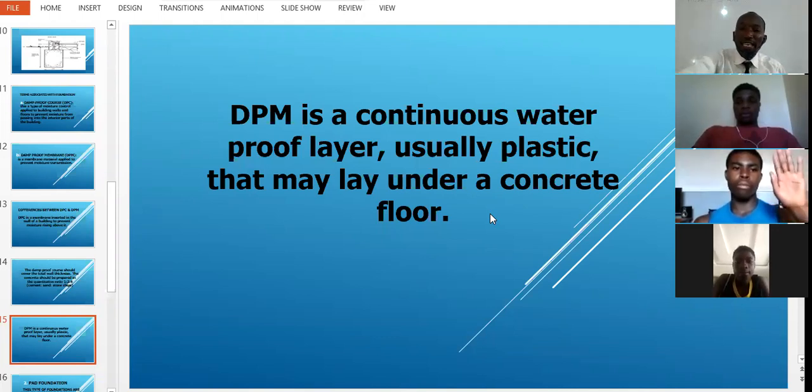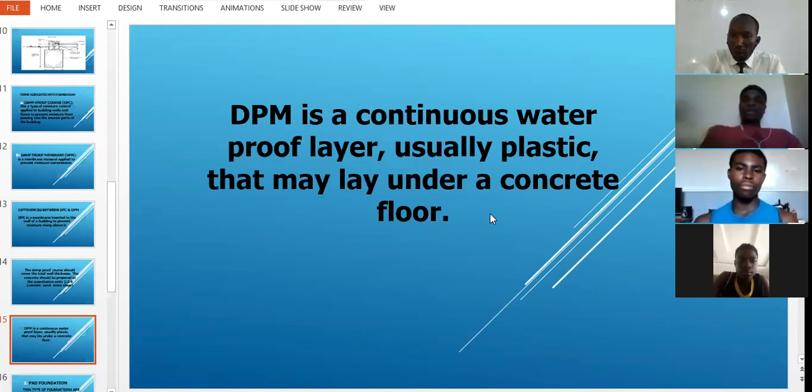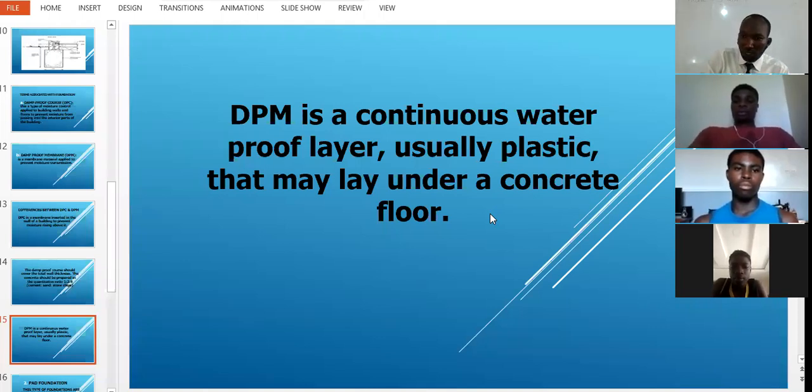Now you lay it on the floor before you do your flooring, before putting the concrete. This separates it from the bare ground, so whatever moisture will not be able to gain access through that leather to the floor.